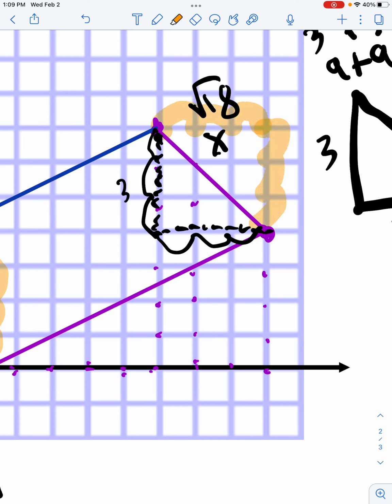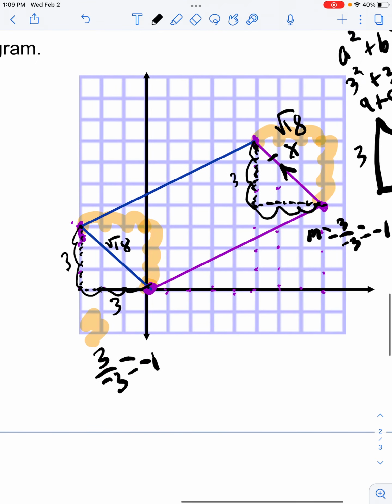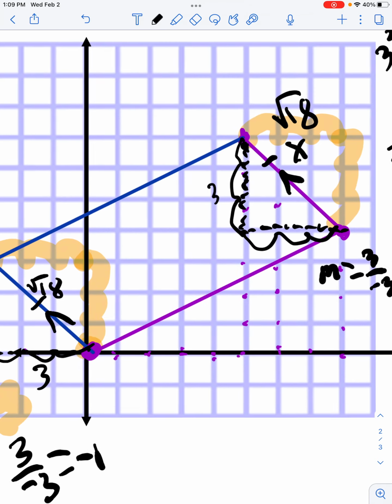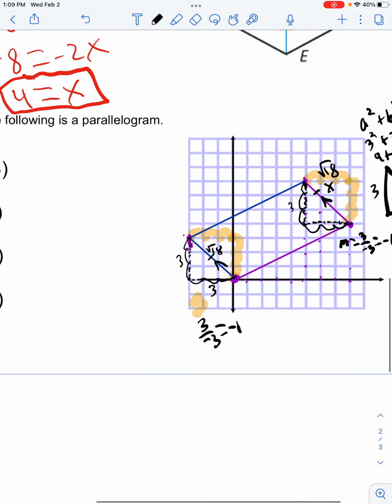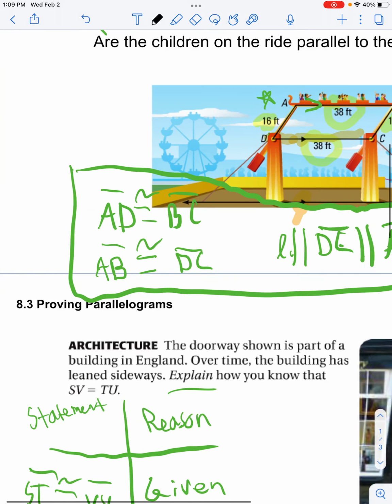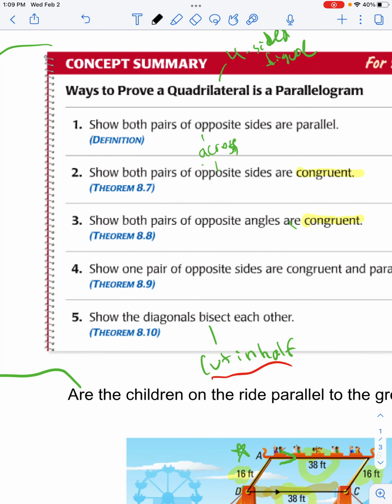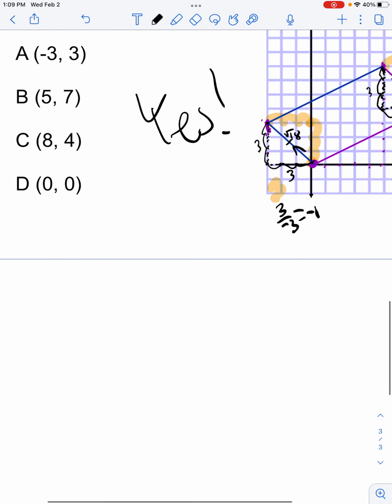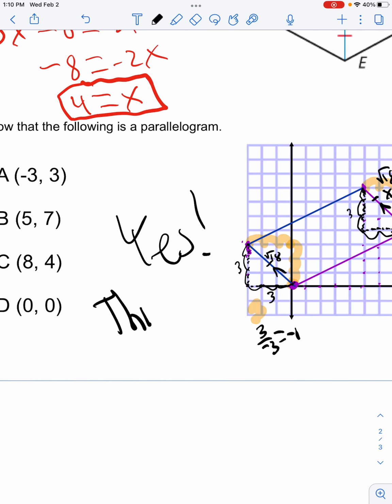I move to the left 3. So I get a slope of 3 over negative 3, which is negative 1. So these lines are parallel and these lines are congruent, which means, yes, we have a parallelogram. And I don't know, let's see here. If you wanted to call it by theorem 8.9. Yes, theorem 8.9.